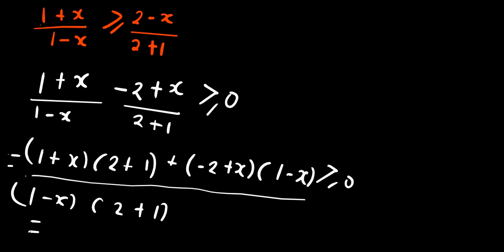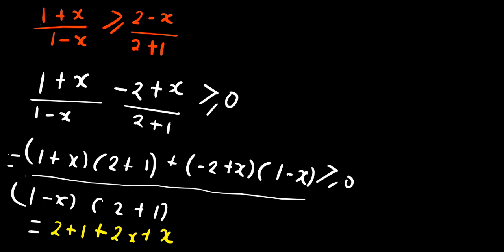So now what are we going to have? When we multiply 1 by everything in the brackets, we just remain with 2 plus x. Then we come to x. When we multiply x by everything in the bracket, you have 2x plus x squared. Then we come to the other side.